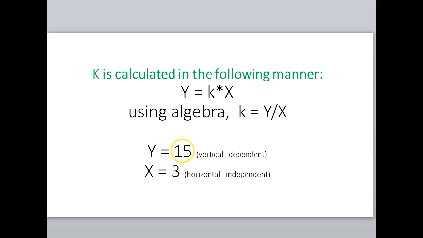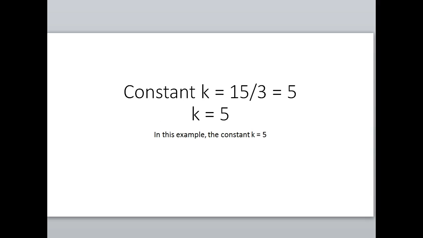And here we have an example. If y is equal to 15, that is the dependent variable, that's the vertical axis, and x is equal to 3, the horizontal axis, the independent variable, then the constant is going to be 15 divided by 3, which is equal to 5. So in this case, K is going to be equal to 5.